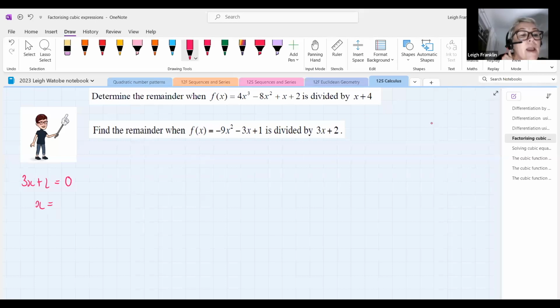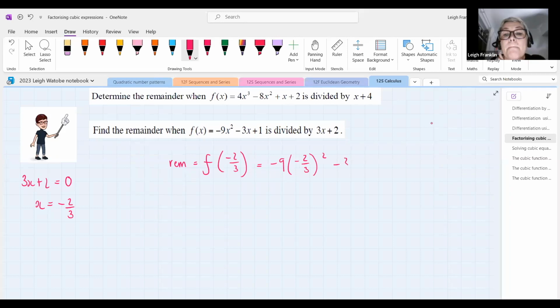When you solve for x, you'd end up with negative 2 over 3. So when you sub negative 2 over 3 in, you'd end up with that. Okay, you guys go ahead and work out what the remainder is.